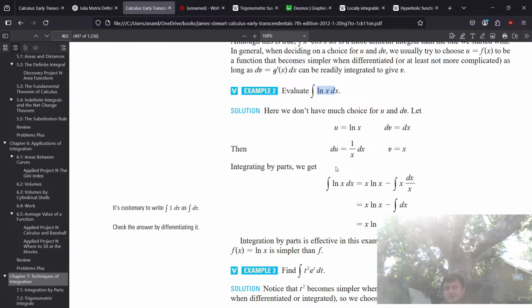Yeah, so the first step is you figure out what u is. So the integral of ln of x dx. We're going to say u is equal to ln of x. So then du is equal to 1 over x dx.